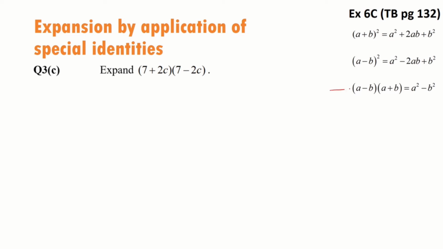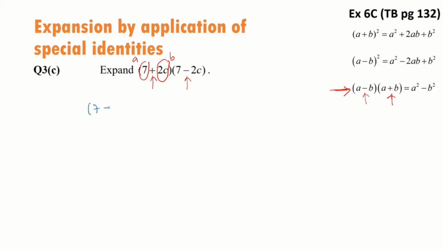I hope that you see that it is supposed to be the third one, and the A should actually be the 7 and the B should be the 2C. It doesn't matter that this one comes with plus first then minus, whereas what I wrote here is minus first then plus. It is just like if I see this as 2 and this as 3, 2 times 3 is the same as 3 times 2. So it doesn't make any difference over here. We just need to recognize A and B correctly. Okay, moving on.